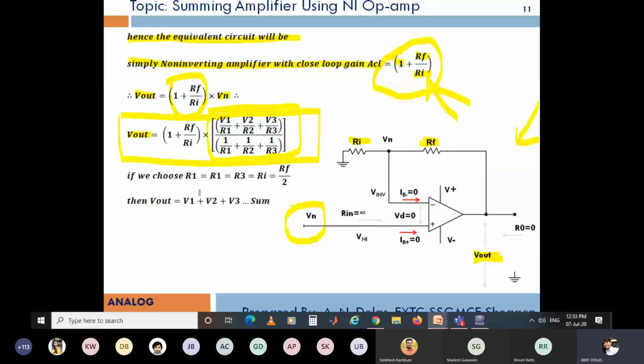It is very simple. If we choose all the resistances R1, R2, R3 and Ri in the previous circuit equal, and that is equal to Rf by 2, then simply this circuit will act like an adder. If we choose this proportion of resistances, the output will be simply the addition of three sources, which is V1 plus V2 plus V3.